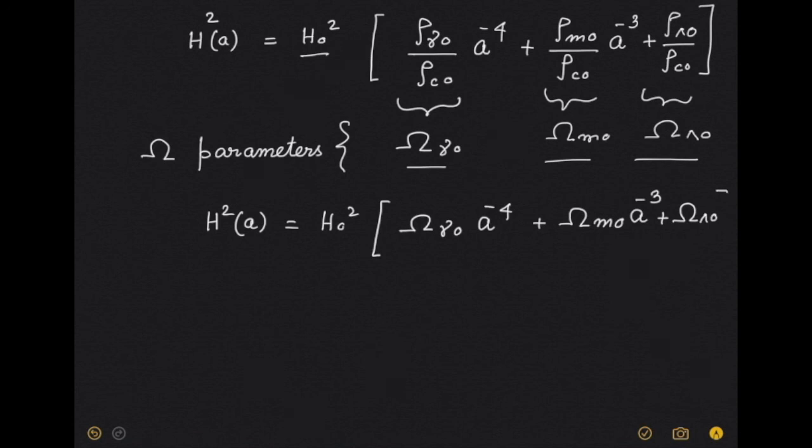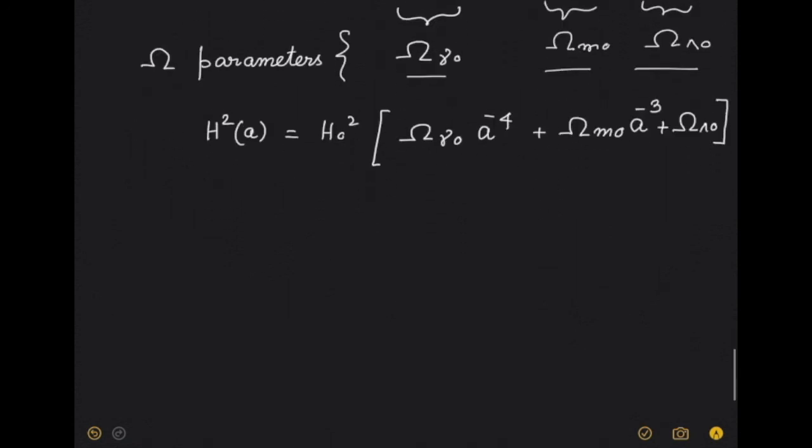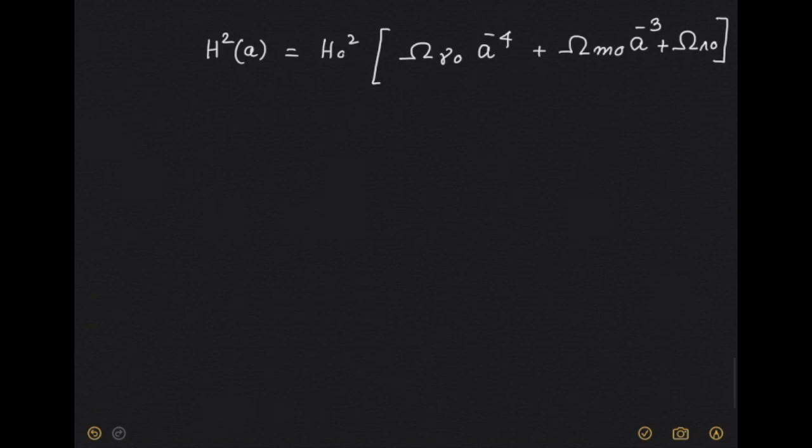This equation is something that should be in your mind all the time, because this is one of the fundamental equations in cosmology. Remember that A is 1 by 1 plus Z.